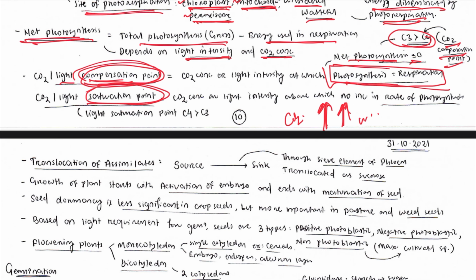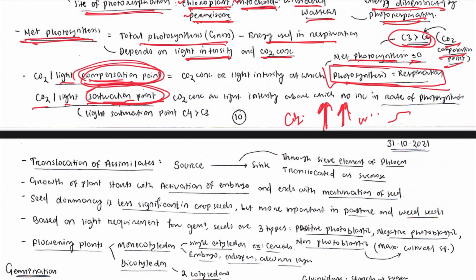Now, the carbon dioxide saturation point or light saturation point. When we go on increasing the substrate level, the rate of reaction increases; that is a common phenomenon. Here the substrates are carbon dioxide and light, which are factors that influence photosynthesis. When we go on increasing the carbon dioxide, up to some point the rate of photosynthesis will increase, then it will remain constant or decrease.